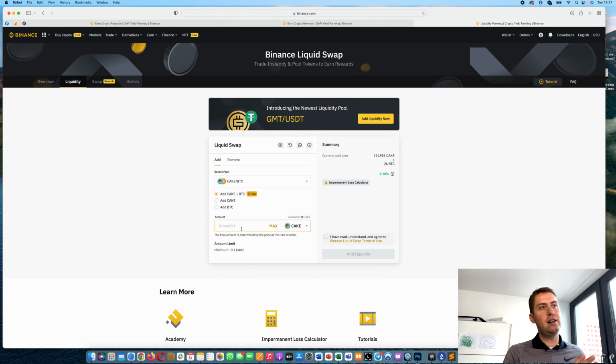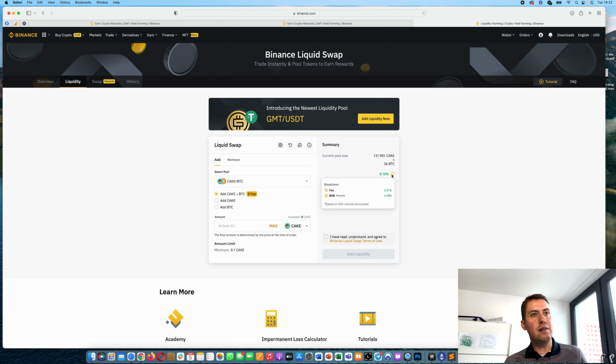There's Cake from PancakeSwap and BTC, and you can add either Cake and BTC or Cake or BTC to the pool. And once someone uses that pool to convert from one cryptocurrency into another, so from Cake to BTC or vice versa, you will receive part of the fee they're paying for the conversion.